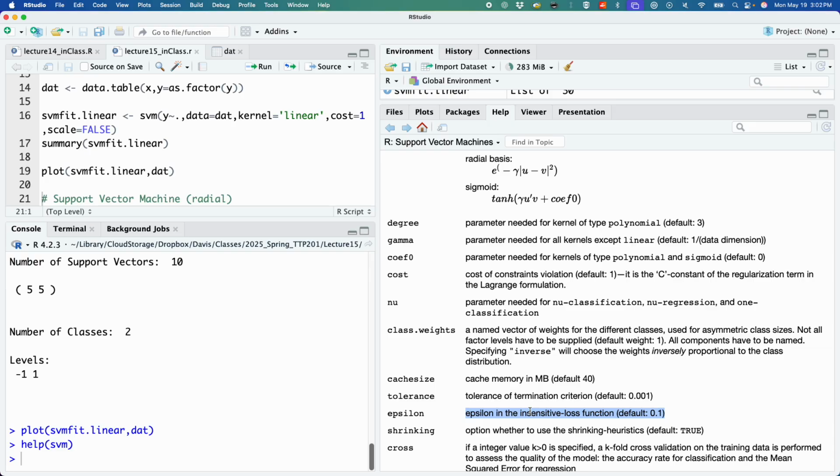In this case, it's actually 0.1, and so that's why this allows for more.